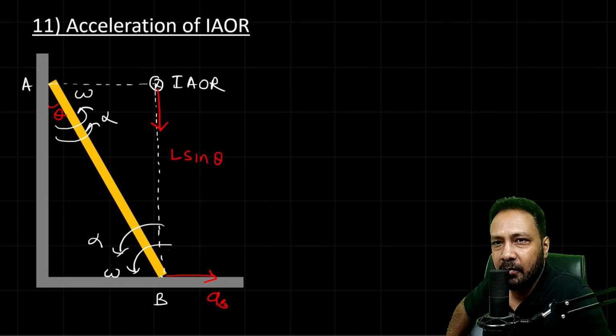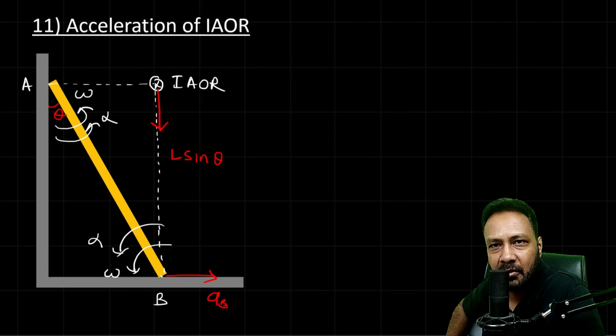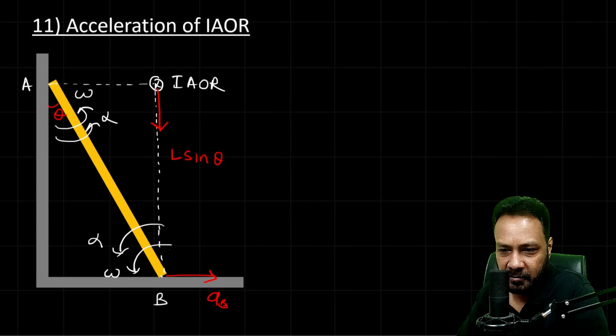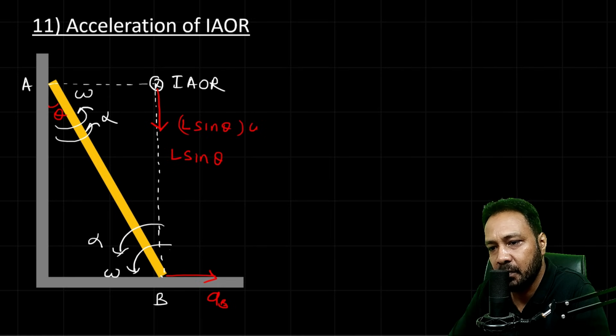Path of any particle with respect to any other point is a circle. So in a circular motion there can be two accelerations, centripetal and tangential, and from the ground frame, if we want to find the acceleration, we have to add that acceleration. So this acceleration would be L sine theta into omega square.